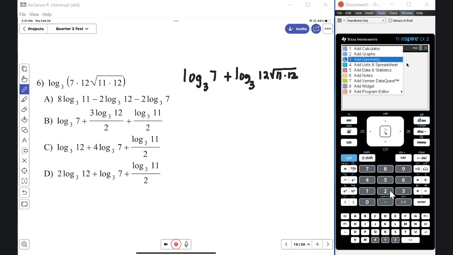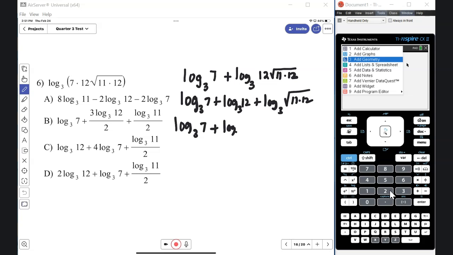Next, we have log base 3 of 7 plus log base 3 of 12 plus log base 3 of the square root of 11 times 12. So we have log base 3 of 7 plus log base 3 of 12 plus log base 3, and we know that it's 11 times 12 raised to the 1/2 power.